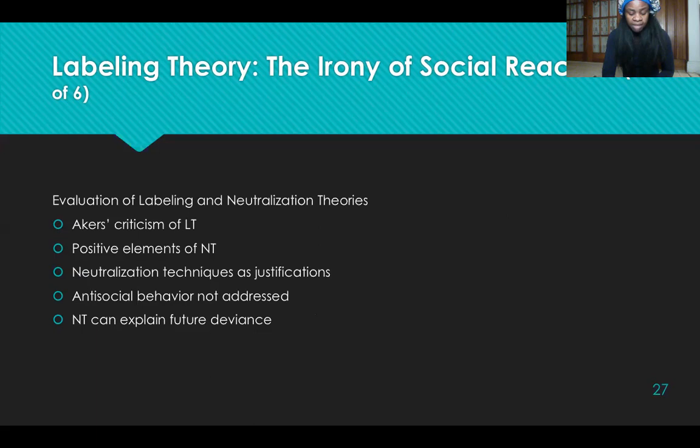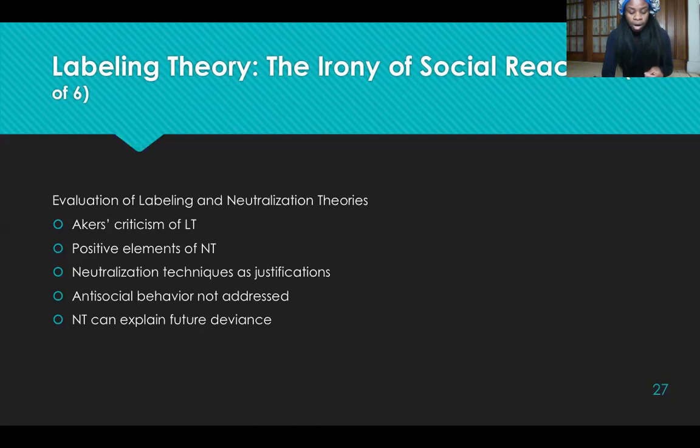One of the positive elements of neutralization theory is that it eliminates much of the overdetermined image of subcultural values implied in subcultural theories. Neutralization techniques are not viewed as causes of antisocial behavior. Rather, they're a set of justifications that loosen moral constraints and allow offenders to drift in and out of antisocial behavior because they are able to neutralize these constraints.